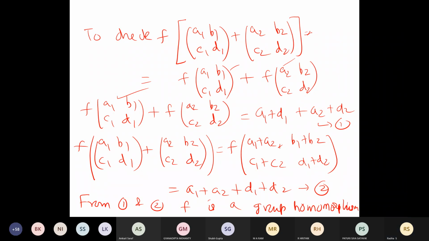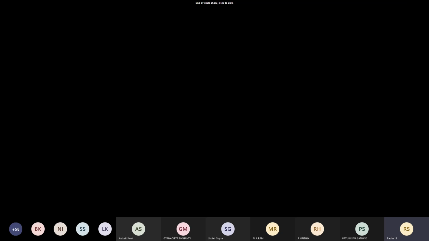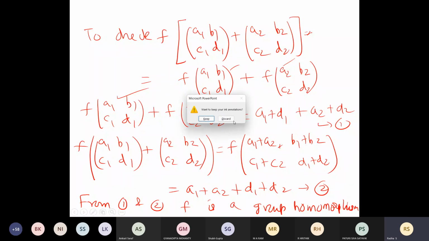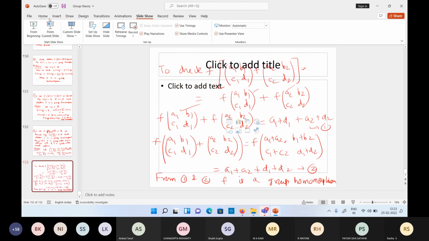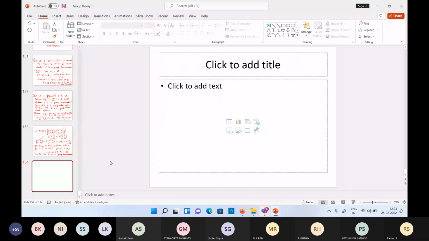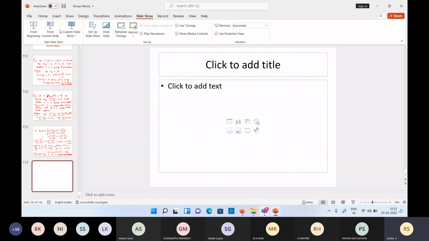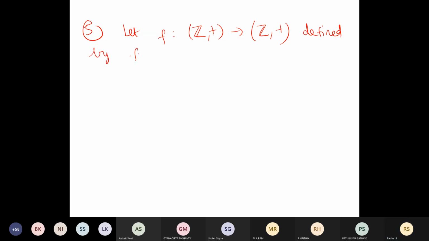Okay, clear? One more question I'm going to give. You are going to tell me the answer. Now you. Let F be a mapping from Z comma plus to Z comma plus defined by F of X equal to X square.